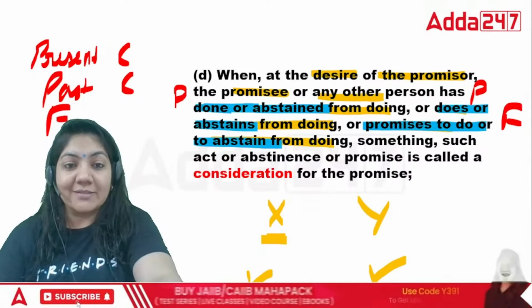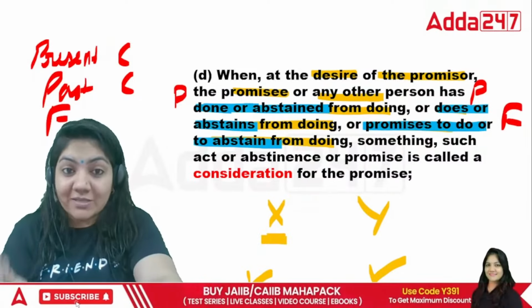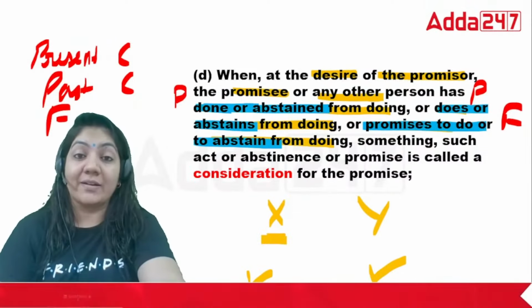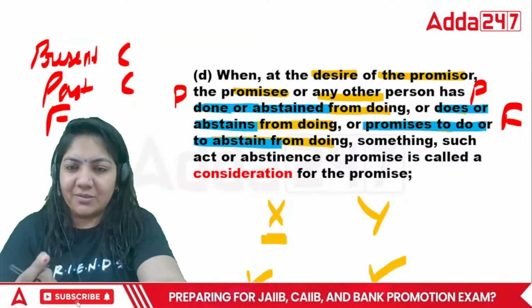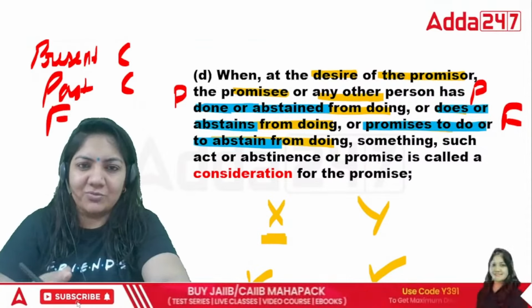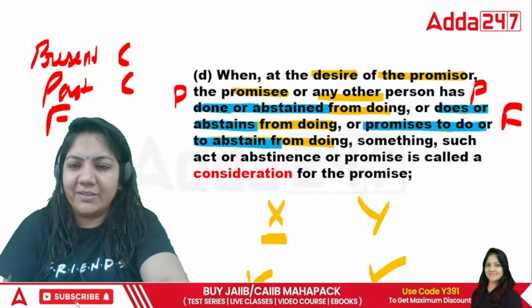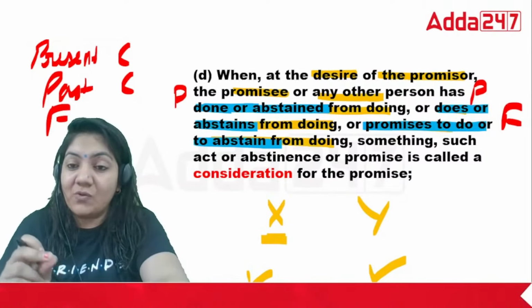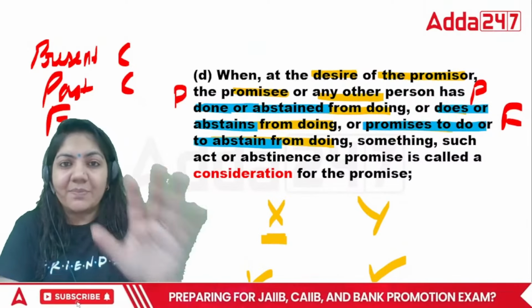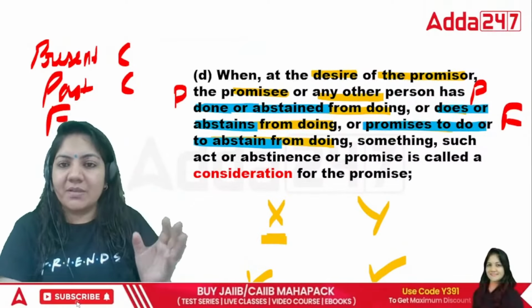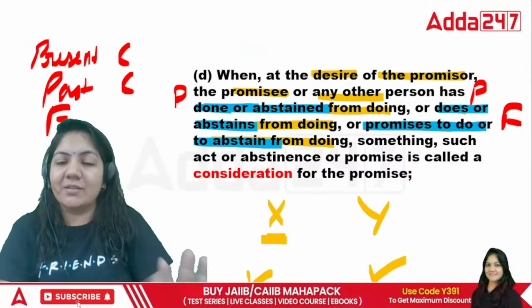So this is exactly the definition of consideration according to the Indian Contract Act. The words of the definition are so difficult, but still you have to understand the concept. If the concept is clear, that is something for something, then this definition is now clear.